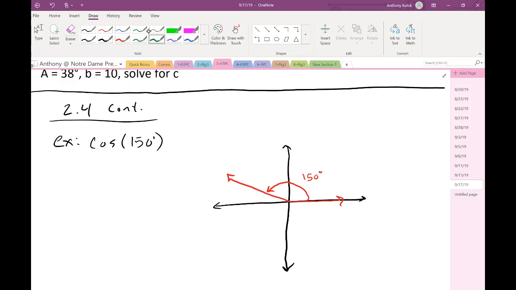I'm now going to draw a vertical from the terminal side down to the x-axis, which makes this right triangle here in green.